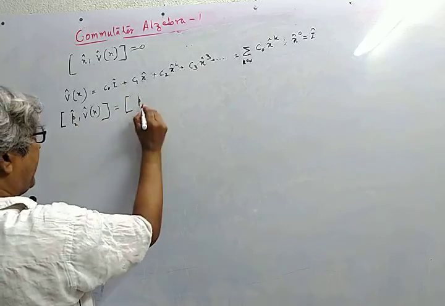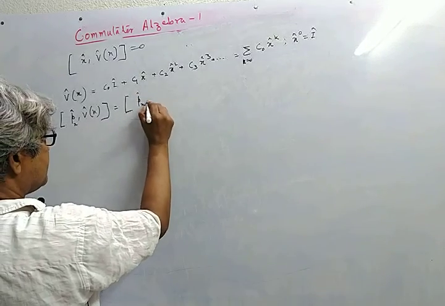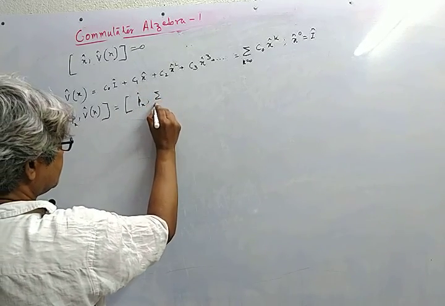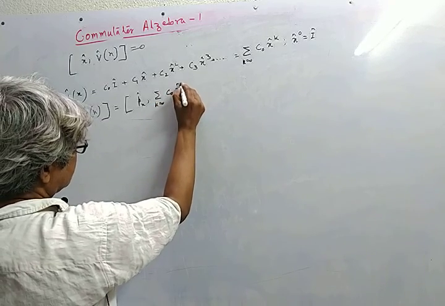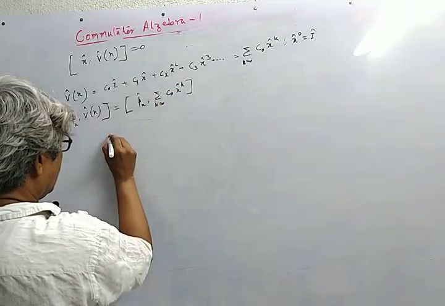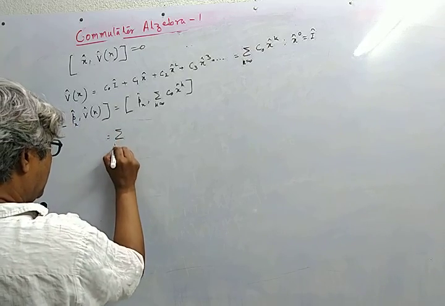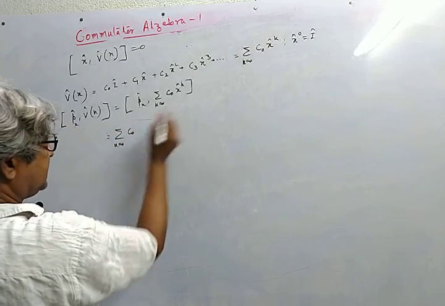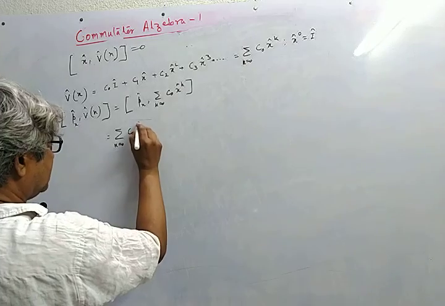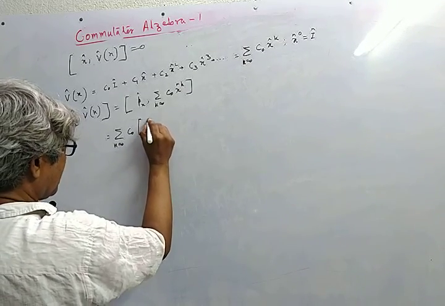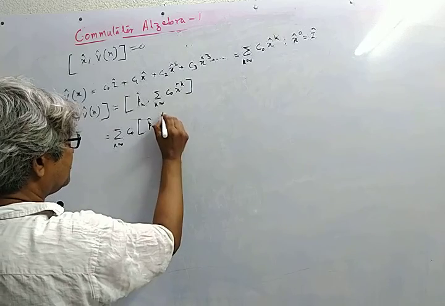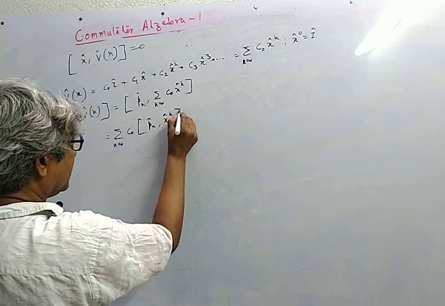Let me say px specifically. C0 is a scalar, taken out, it's not an operator, so it is the commutator of the px operator with the x operator to the power k.